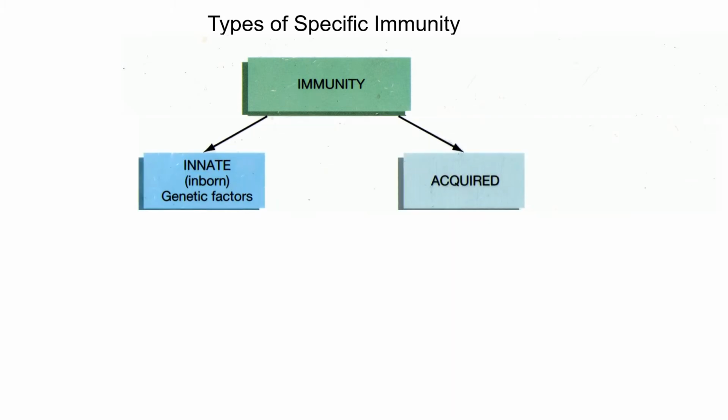The next thing we're going to look at are the different types of specific immunity. So when we look at specific immunity, we're going to focus on two types, those being what we just described as innate and acquired. And when it's innate, you are truly born with it. It's in your DNA. Now, the best example I can give you of innate immunity is to think of your pets.